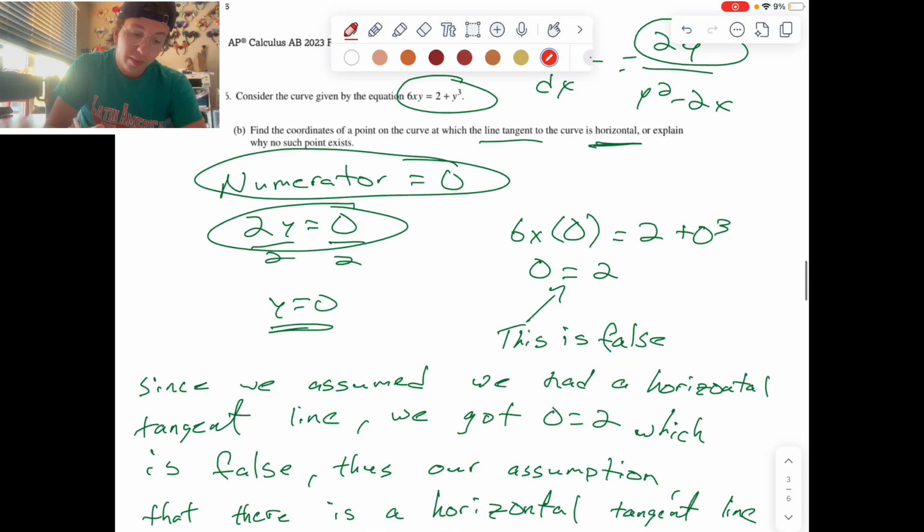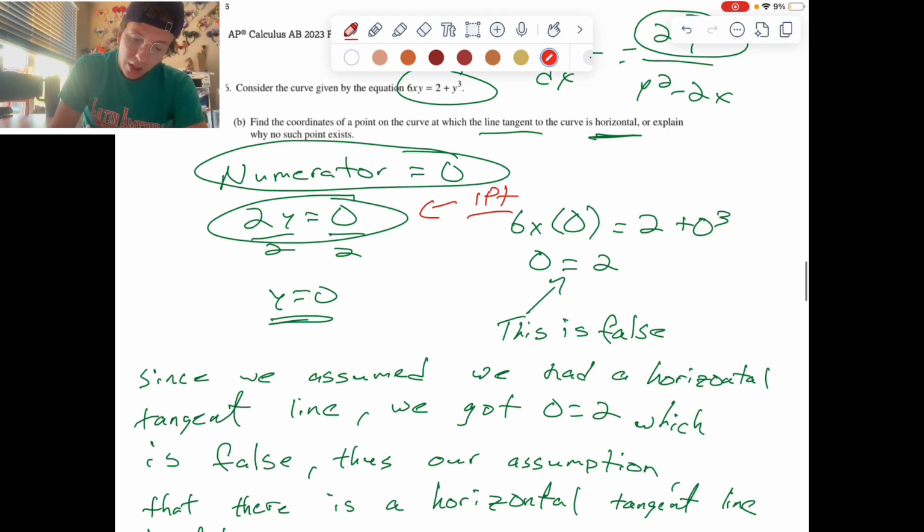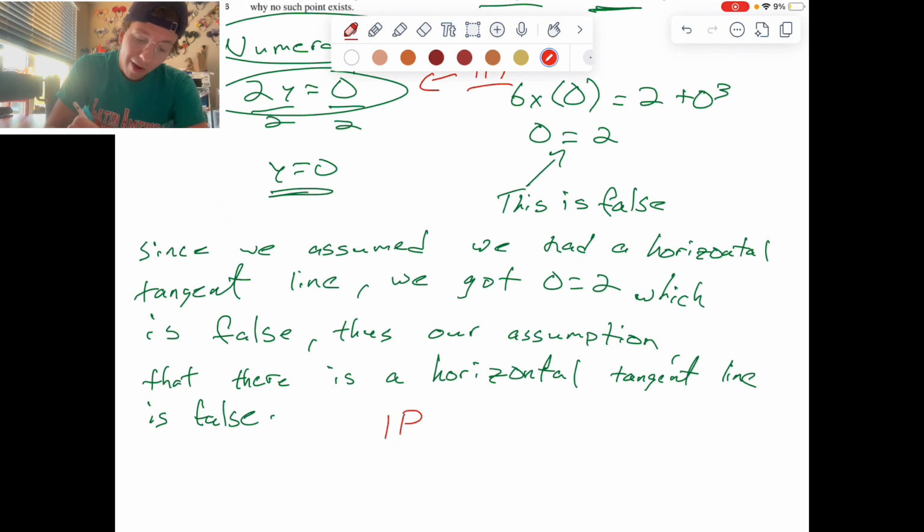Let's go to B. So B, you got 1 point if you knew to set your numerator equal to 0. So if you knew that, hey, we're looking for a horizontal, we had to set our numerator equal to 0, you received a point. You also got 1 point for your complete answer saying that there's no possible points that gives us a horizontal tangent line.